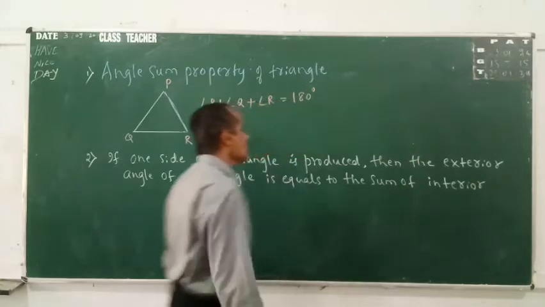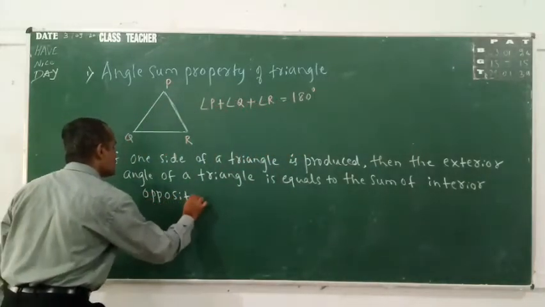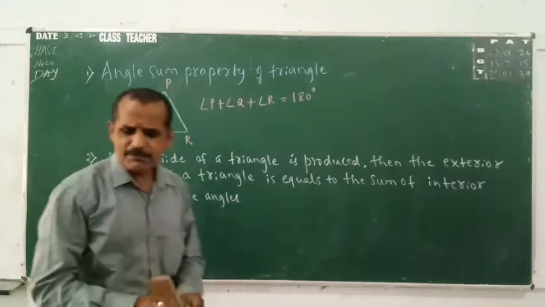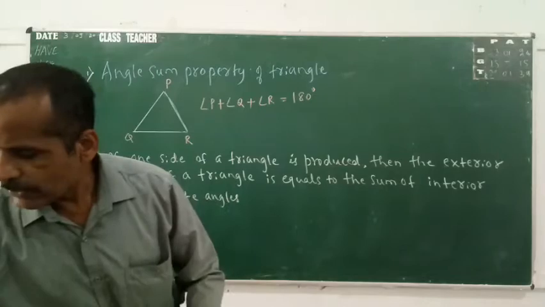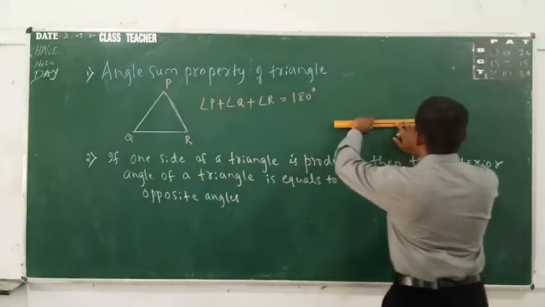Sum of the interior opposite angles. Let us understand first what is the meaning of this. Let me draw a figure, and with that I will explain you what is the meaning of this.